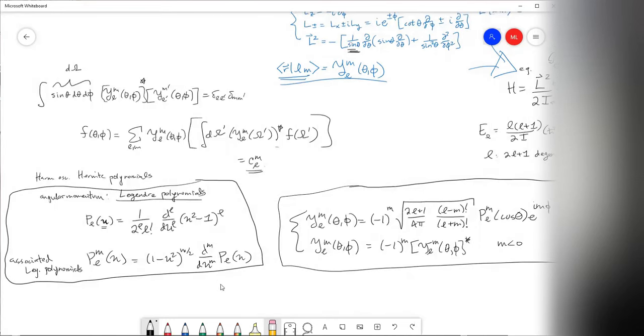You can do something quite similar for these. Maybe if you read about it in a book, or maybe I'll do it in recitation. It's important to keep in mind that analogy between the harmonic oscillator and the angular momentum. We're working on a ladder, and we're trying to figure out the functions corresponding to each rung of the ladder by applying the raising and lowering operators.